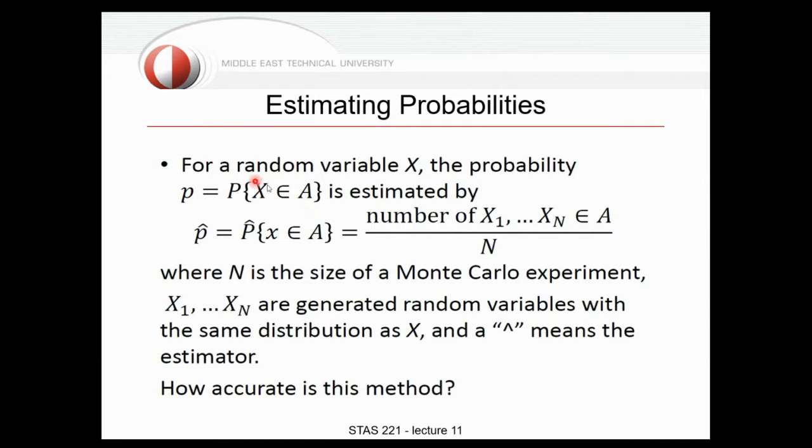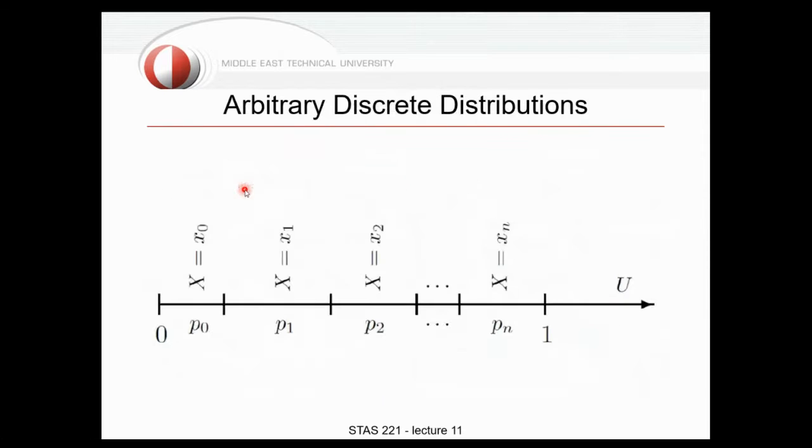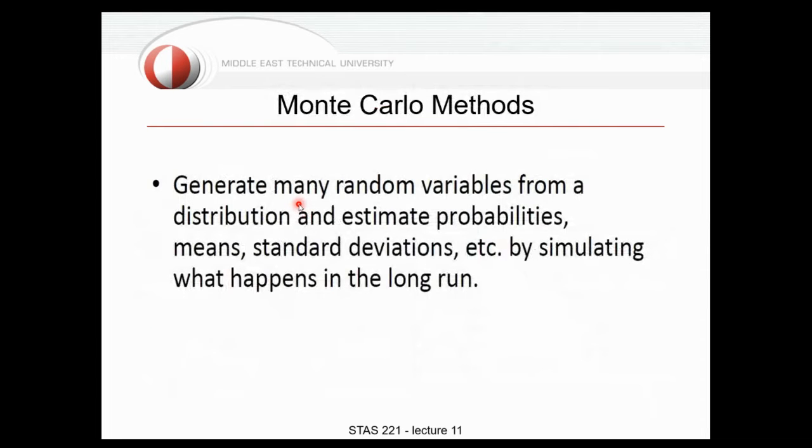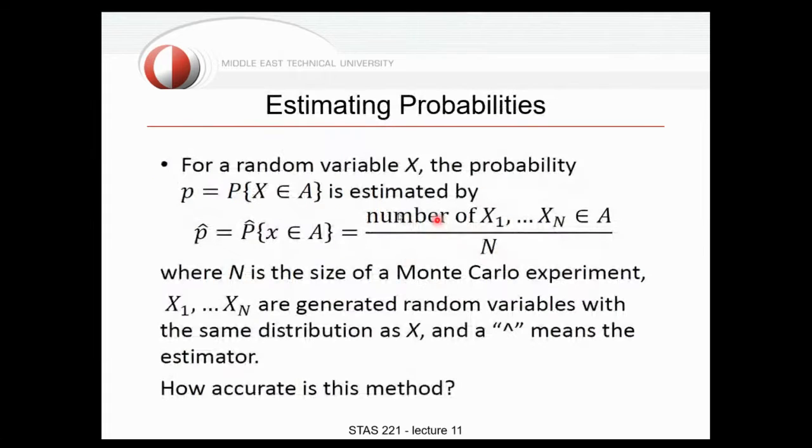In the previous slide, I told you this slide is very important. We can see that each one of these fragments can be defined as a set. And even the union of them as a universal set can also cover A as well. So whenever we define sets, we can show them as fragments like this. But we talk about the number of them, number of x1 and so on until xn. What is this N here? The capital N stands for the size of the Monte Carlo experiment.